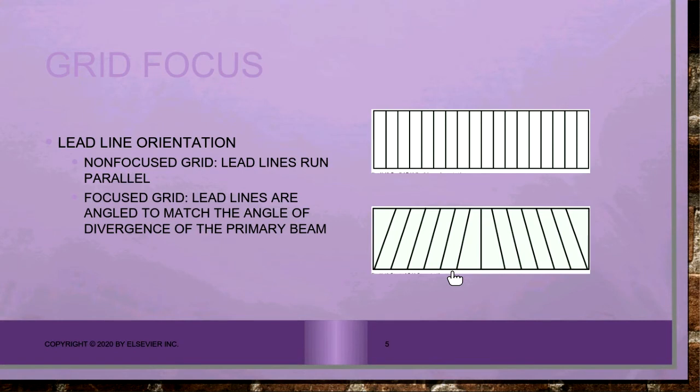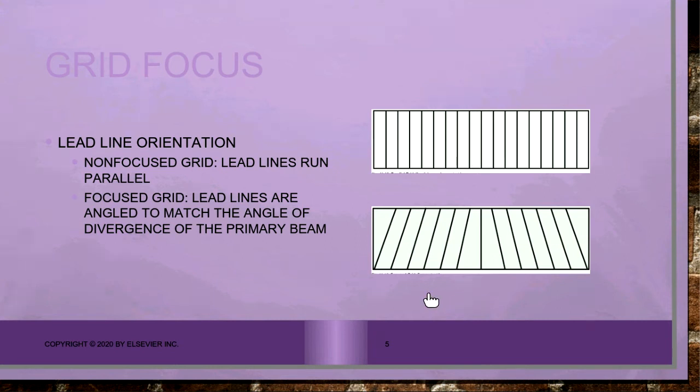I'm not going to tell you that we never use a parallel grid, but grids that are found in the table and in the bucky of a radiographic suite are typically focused grids. The advantage of that is it allows more transmitted photons to reach the IR, and it's better at scatter cleanup than a parallel grid.